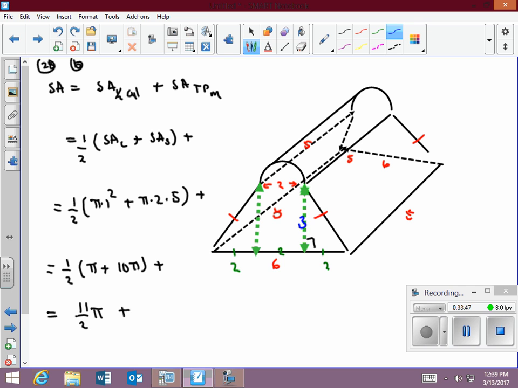So now we have the height, so the total area is 2 times the surface area of the trapezoid plus the surface area of the sides.